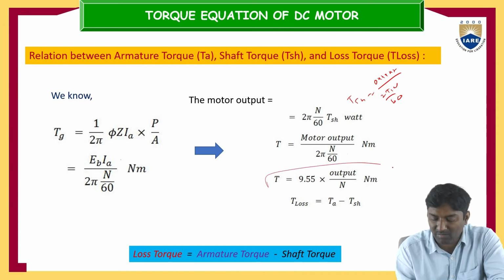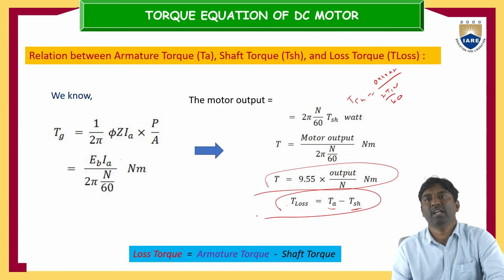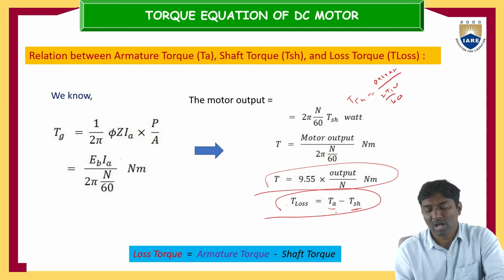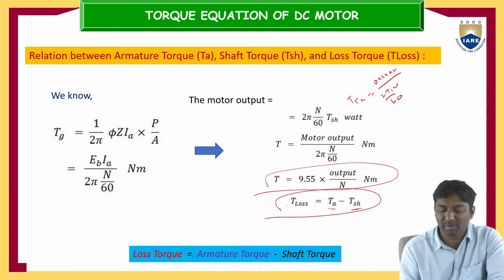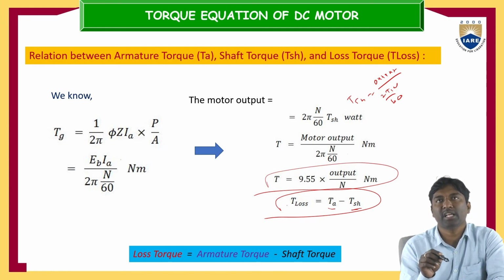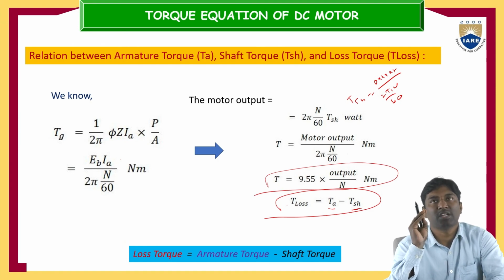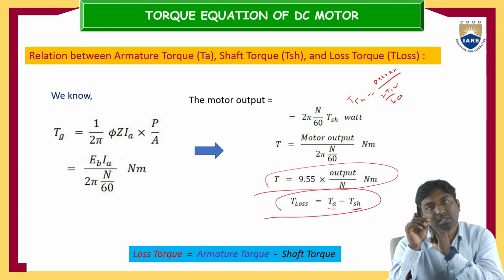From this equation I am writing the loss torque in terms of armature torque and shaft torque. Tloss is equal to armature torque minus shaft torque. This means total loss torque is equal to armature torque minus shaft torque in the case of the DC motor. So this is the relationship between the three torques. First, torque is developed in the armature winding, which is called the armature torque.